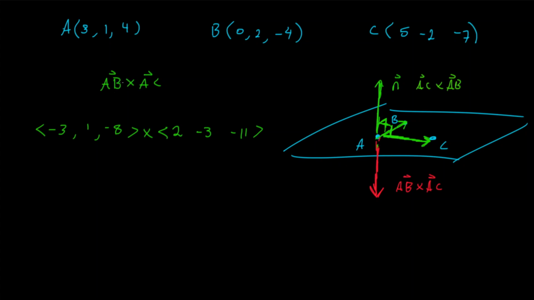So I am going to continue, but I'm going to do it in red so that I know I'm getting that vector going down. So we have -3, 1, -8, and we're crossing that with 2, -3, -11.